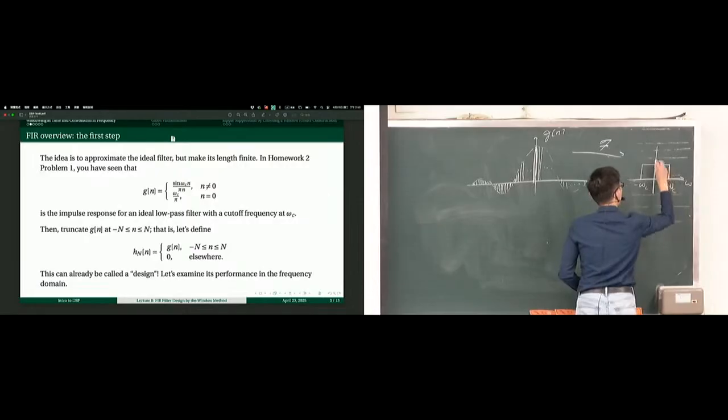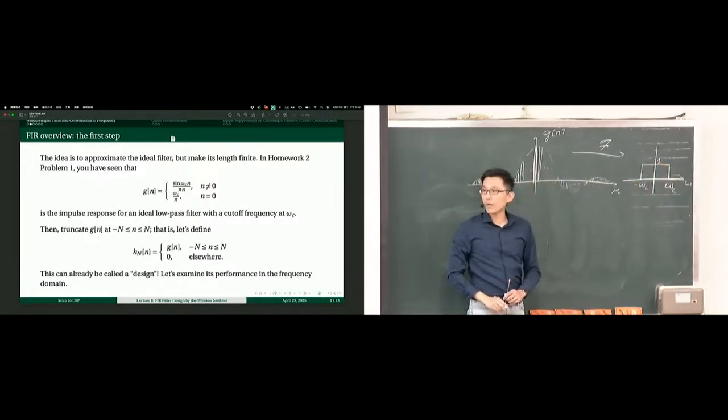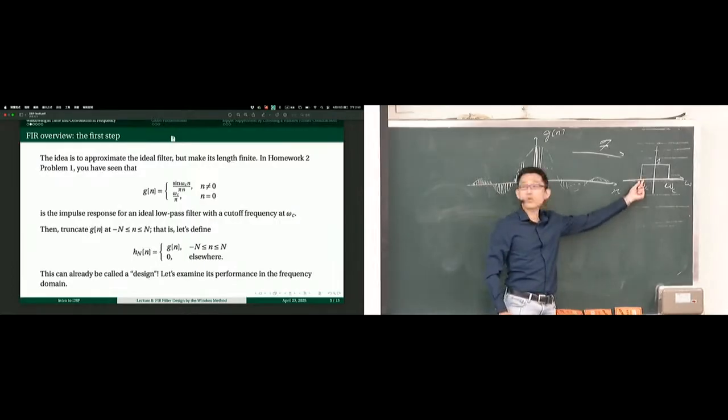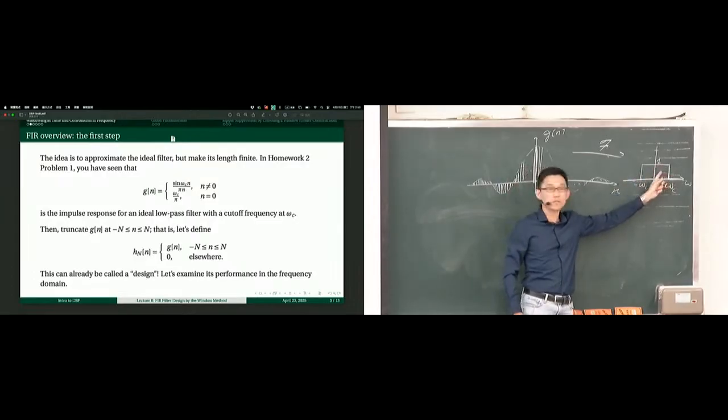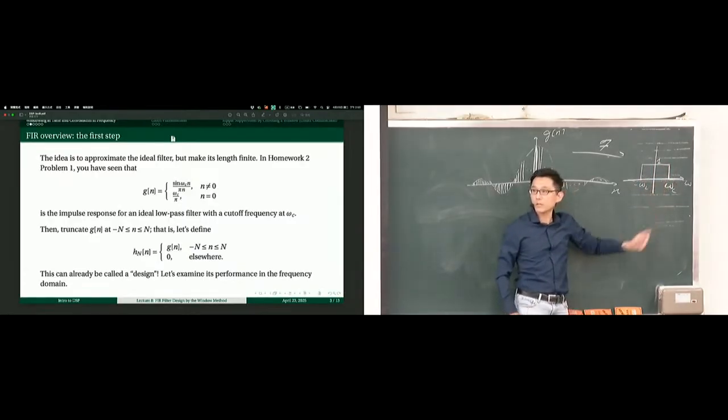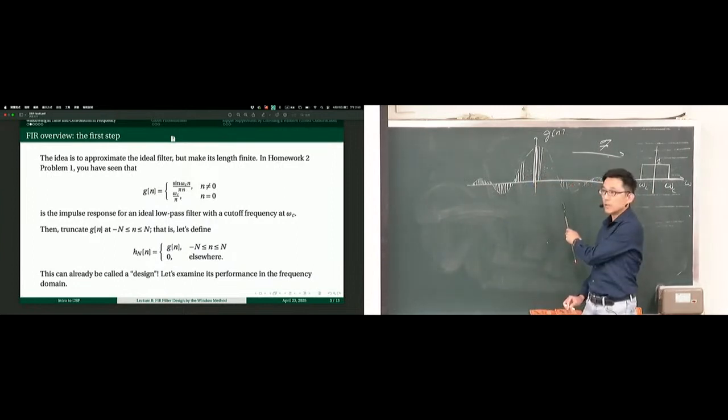The gain is 1 in the pass band and 0 in the stop band, with a sharp transition, an immediate transition from the pass band to the stop band. This is ideal, but it cannot be implemented.